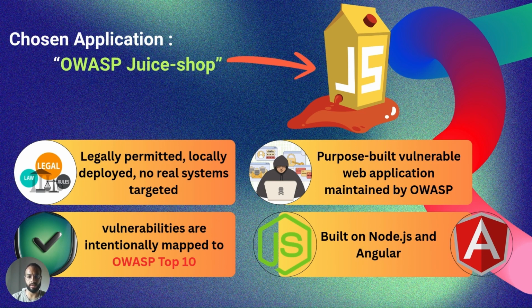The first reason is that the application is legally permitted and locally deployed with no real systems targeted, and it is specifically built for testing vulnerabilities inside web applications, and it is maintained by OWASP, which means that the found vulnerabilities are directly mapped to the OWASP Top 10, which is useful as a security engineer.